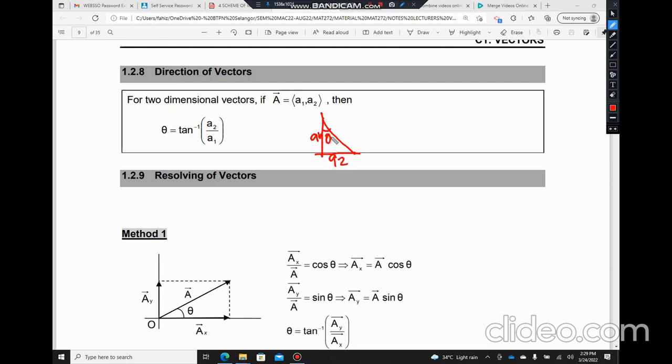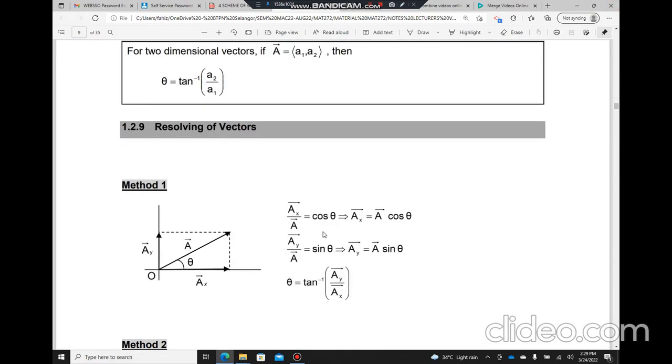So kalau nak kira theta, opposite over adjacent. So dia akan jadi tangent theta equals to A2 divided by A1 kan. Tangent formula dia opposite dengan adjacent. And then kalau nak cari theta, tangent negative 1 A2 over A1. So kita akan dapat nilai theta.